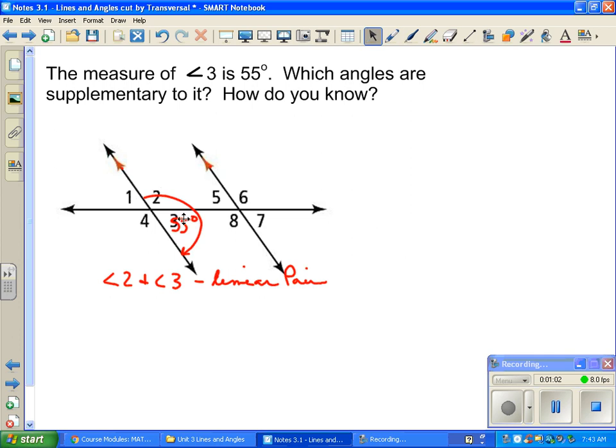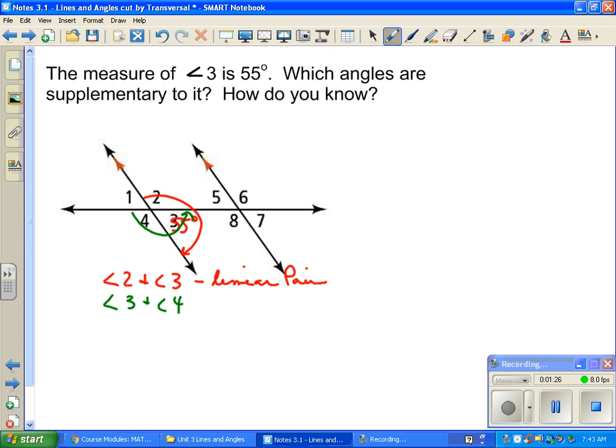Now, based on that, at an intersection of 4 angles, you would have 2 sets of linear pairs. 2 and 3 would just be one pair. The other direction would be 3 and 4. For the same reason, they're a linear pair. Now, that's what we already know.